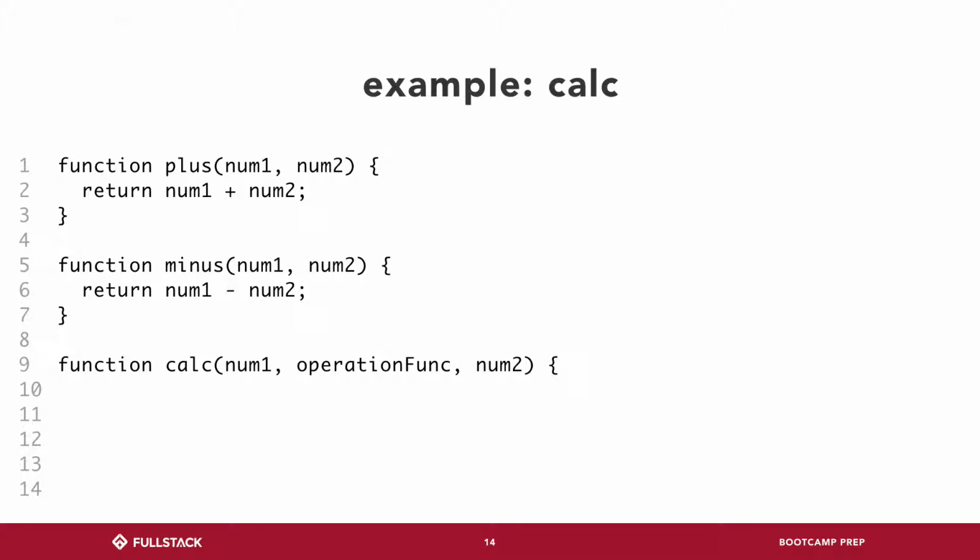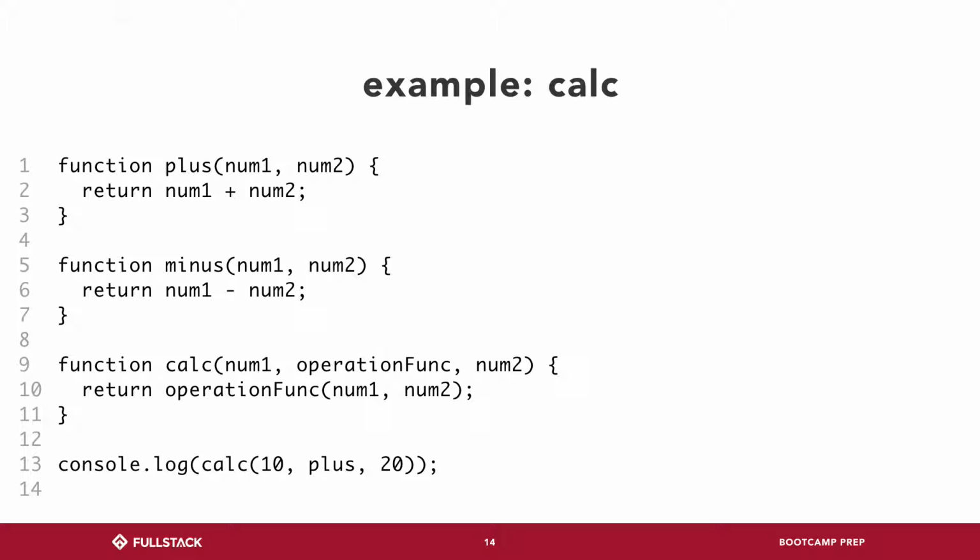For calc, this one's just plus, minus, operation func. So any guesses as to what this would log out?